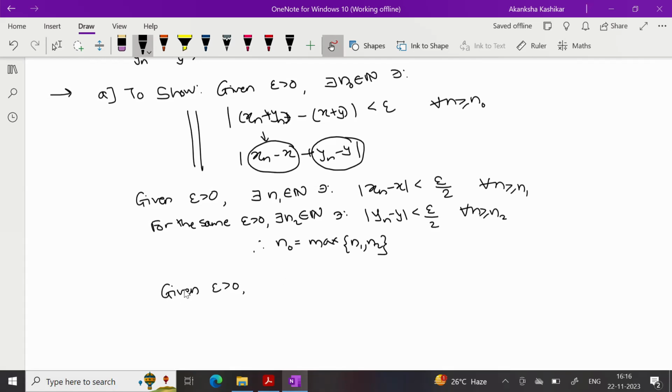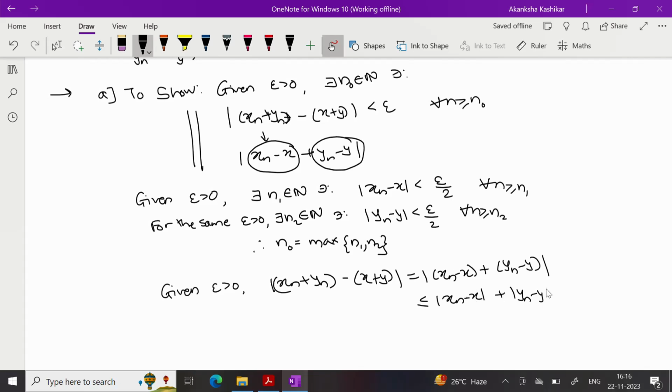So we will write, given epsilon greater than 0, now I have this n naught. I will start with mod xn plus yn minus x plus y. This I will write as mod of xn minus x plus yn minus y, which by triangle inequality is less than or equal to mod xn minus x plus mod yn minus y.